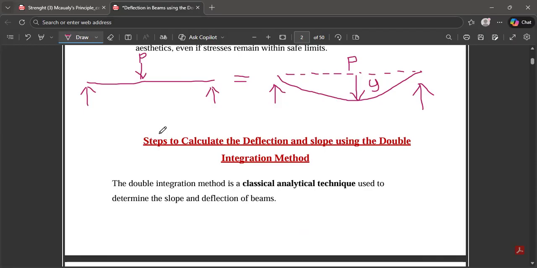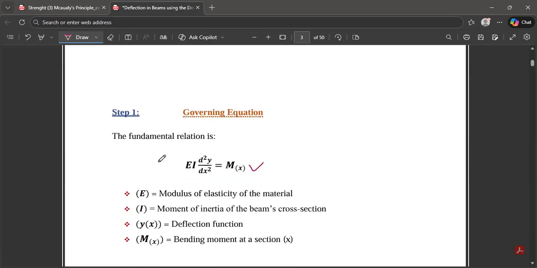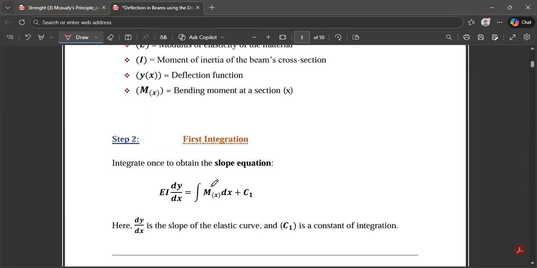After calculating the support reactions, you take a cut. After the cut, you get your bending moment equation. And that bending moment equation is what you are going to equate to the second derivative of the flexural member. Okay, good.